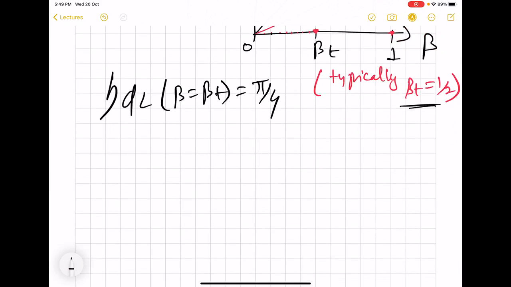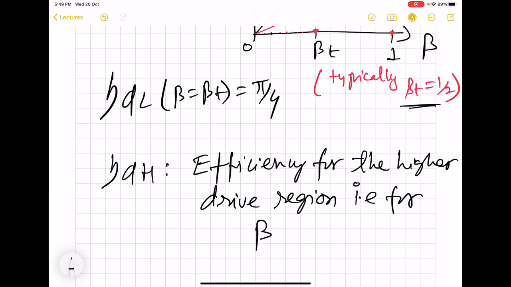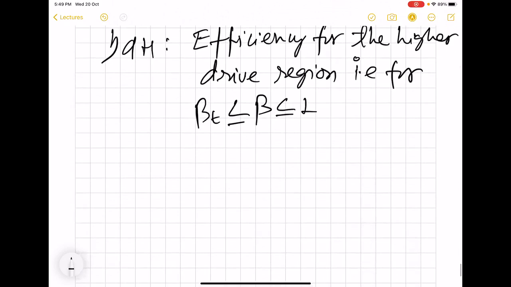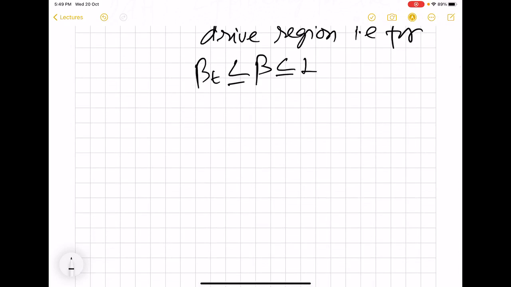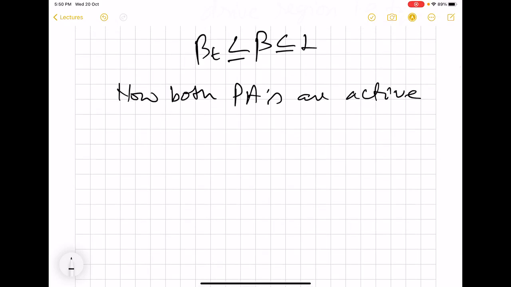Now let us try to find out efficiency for higher drive region. For this region, the auxiliary power amplifier will also come into existence. So now both are active.